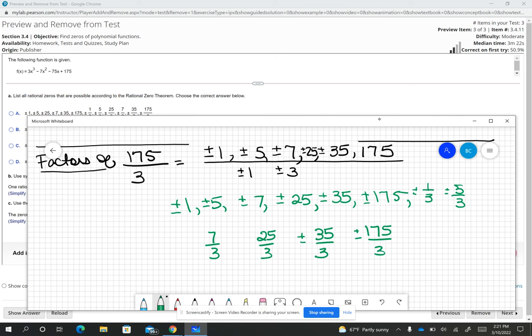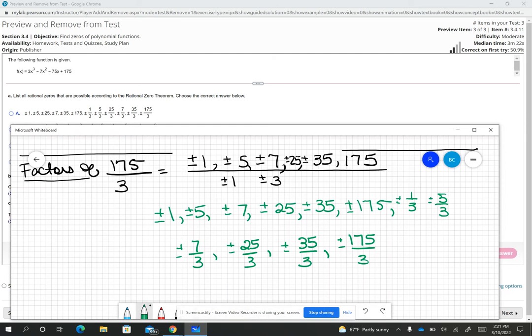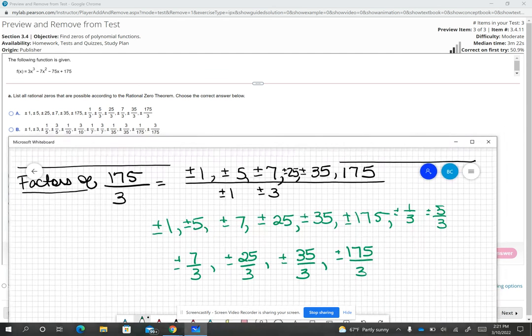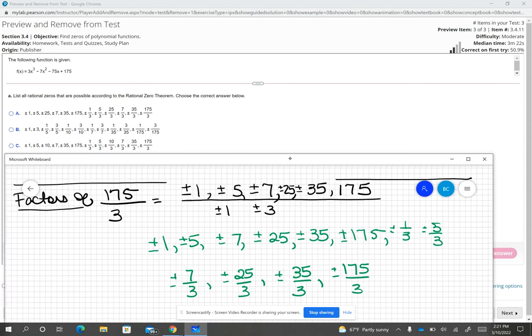These are possible answers. Now, if you look closely, you'll see that this matches answer choice A. B does not have 5 as a factor and has 3 as a factor. It has it flipped. It's the factors of the last number over the factors of the first number. So B has them flipped, so B is wrong.